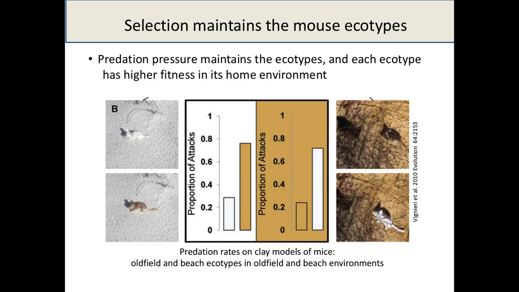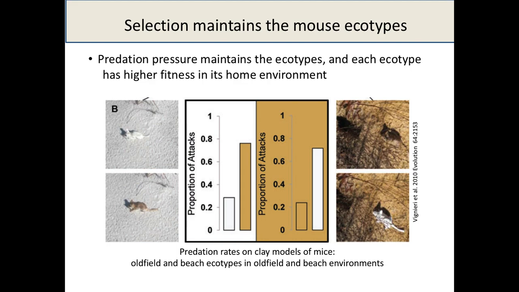The same is true for predators. If we look at the proportion of attacks in a light environment versus a dark environment, in an experiment, we release both ecotypes and observe the rate at which they're preyed upon.